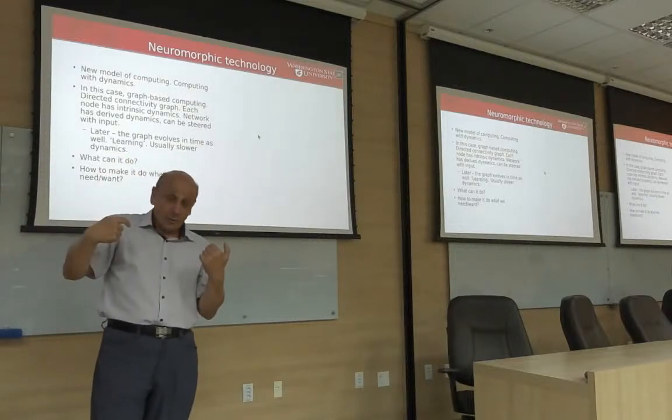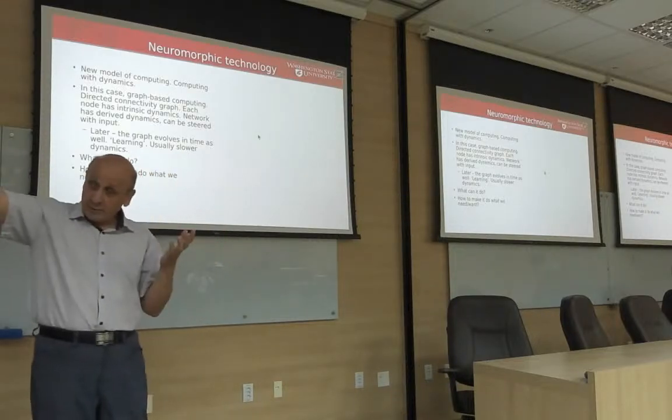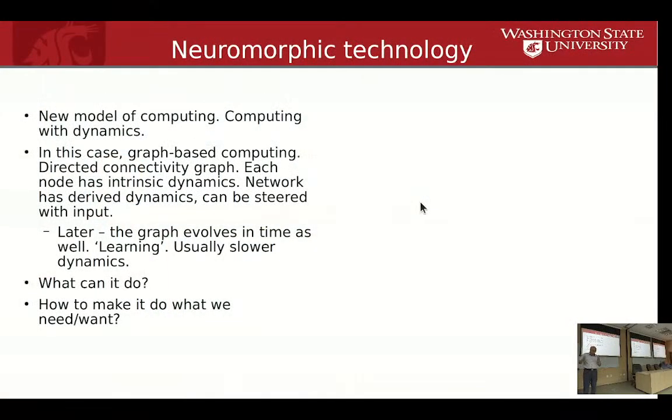One of the interesting questions when you have computing with such elements, each an individual unit, but connected in some form of computational graph, usually directed connectivity graphs, is this: the network that emerges from there has its own dynamics, partially driven by the unit dynamics and partially driven by the connectivity of the network.